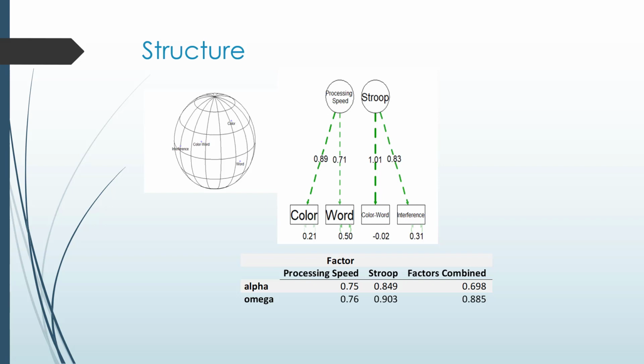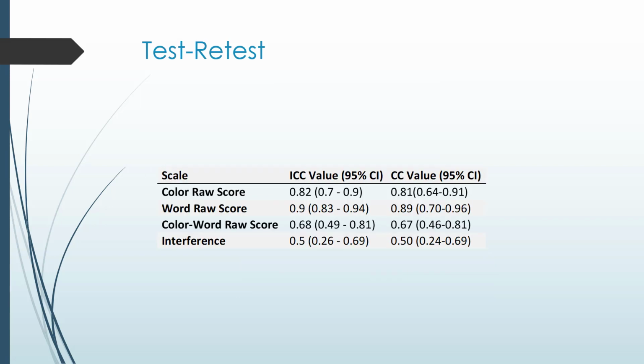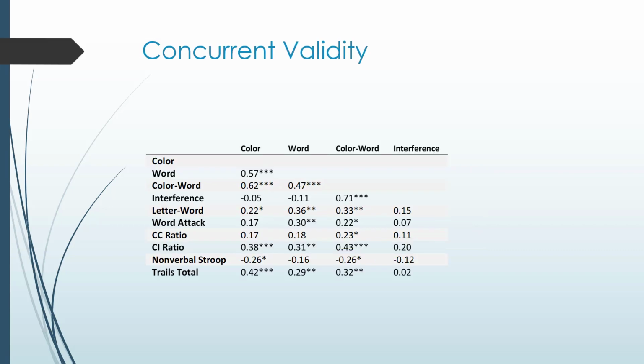Generally, composite reliability is considered a more accurate representation of internal consistency because it allows for these factors that are not necessarily perfectly correlated to separate as such. Looking at retest reliability, we can see 0.5 up to 0.9 values for intraclass correlation coefficient and concordance correlation. The lowest ones were for interference, and then higher for the other measures.